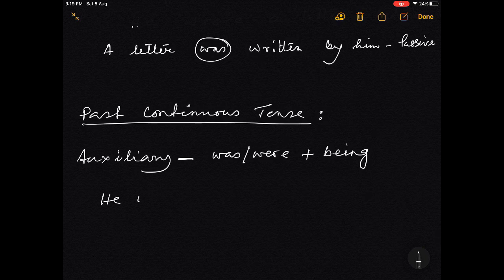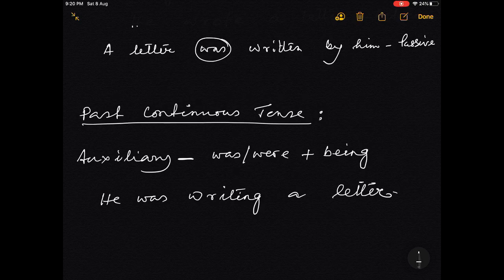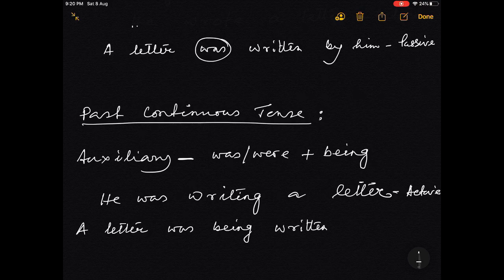He was writing a letter. It is active. The passive will be a letter was being written everywhere, the same, was being written by him.